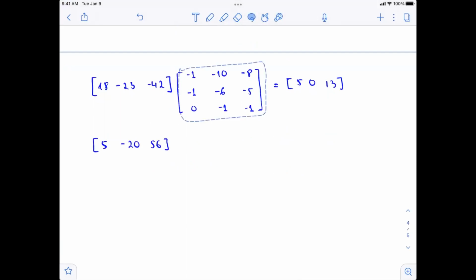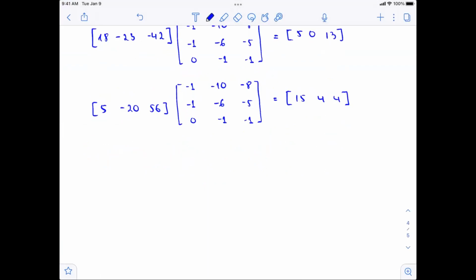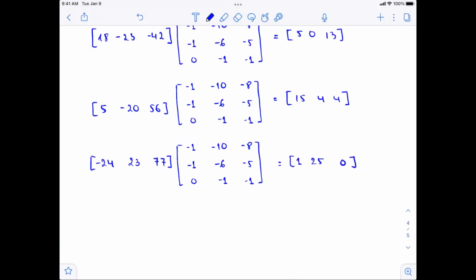Multiply with A inverse, and you get the decoded row matrix of the form 15, 14, 4. And the last row matrix that we need to deal with is negative 24, positive 23, 77. I'll multiply with A inverse, and you get this equal to 125, 0.